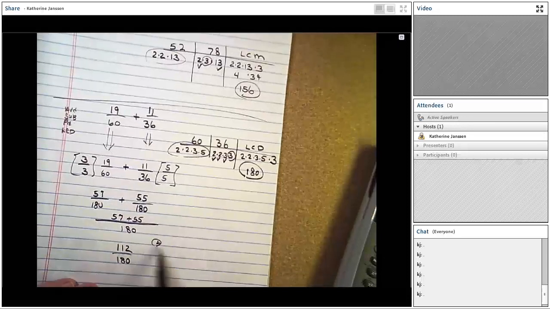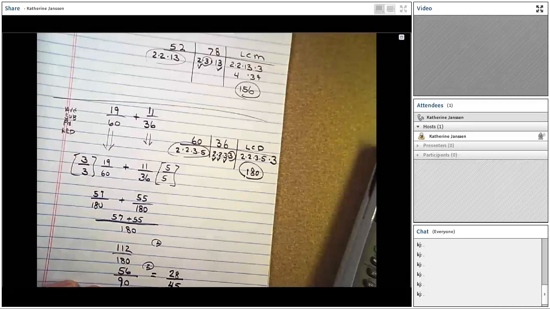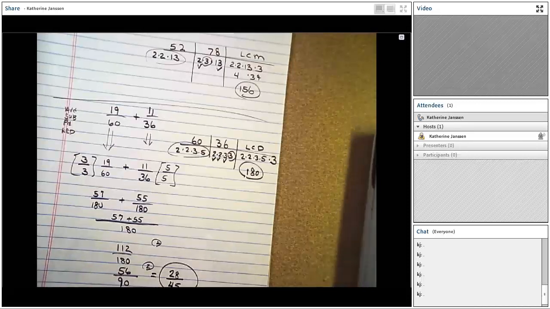They're both even. 2 goes into 112, 56 times. And 2 goes into 180, 90 times. Again, that's still even. So 2 goes into 56 and 2 goes into 90. 2 goes into 56 28 times, and 2 goes into 90 45 times. So 28/45ths is my answer.